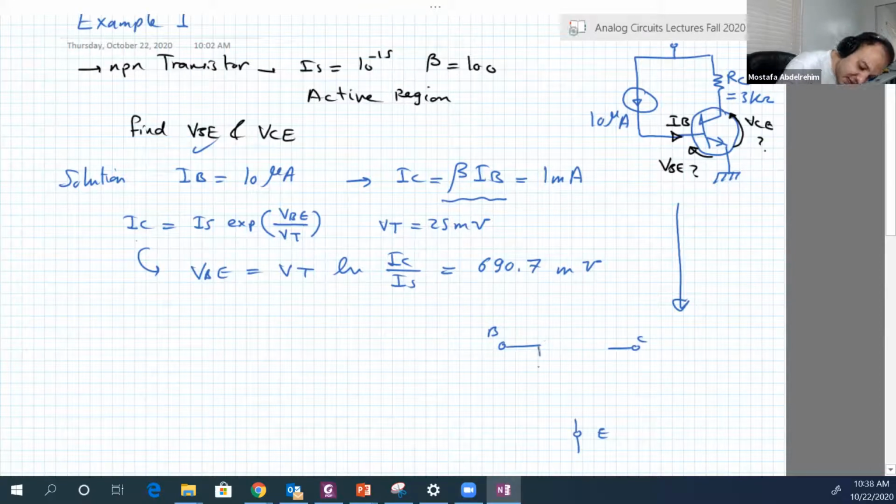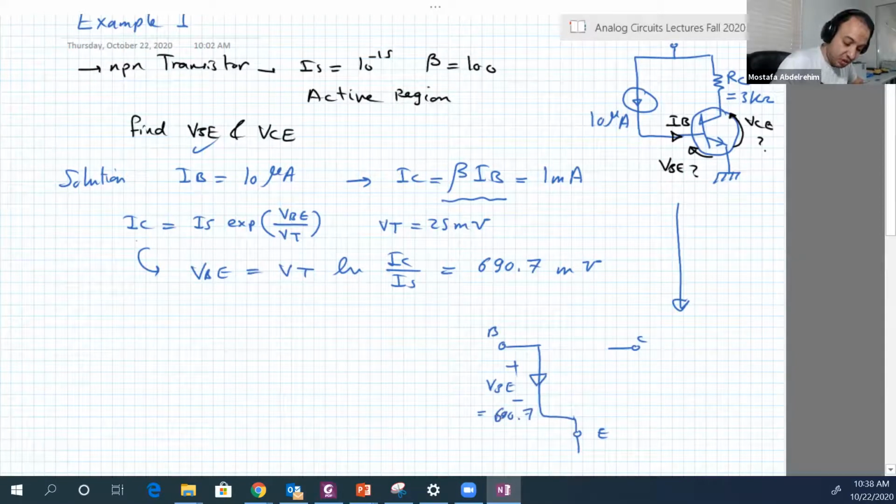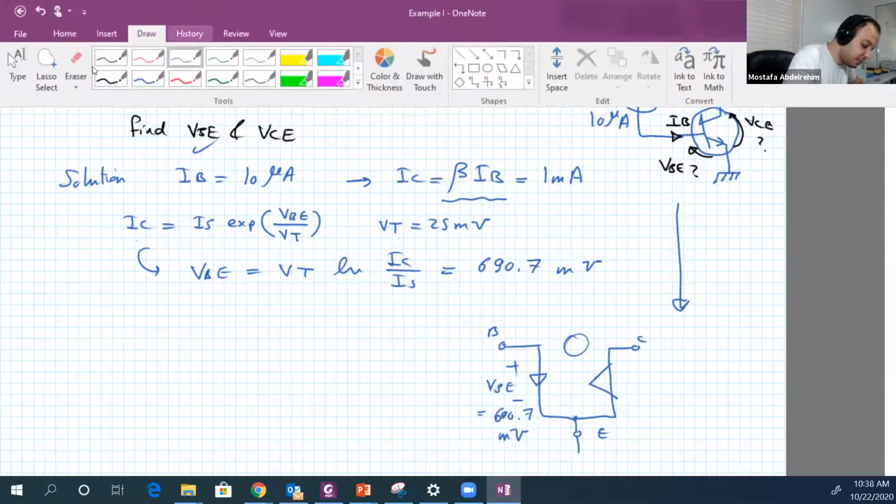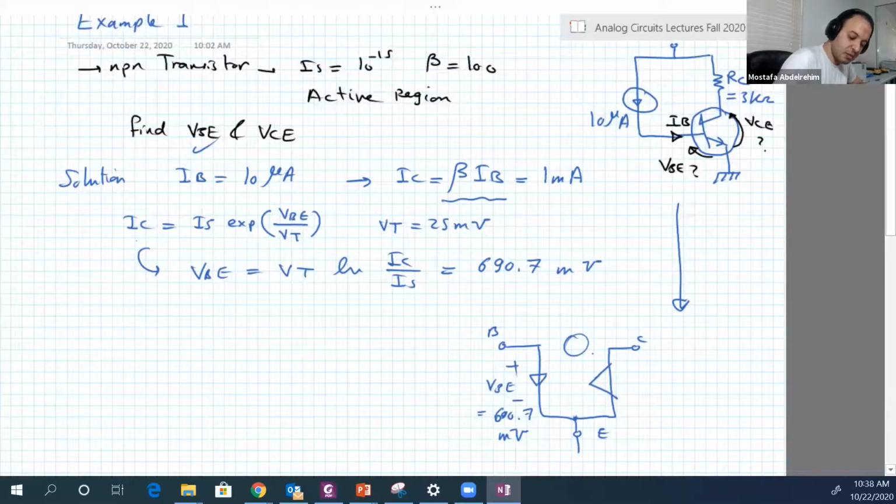Between the base and the emitter, we have the diode, and now we get the voltage on the diode equal to 690.7 millivolts. And this is the active region, so we will not draw anything between the collector and the base because it's active.